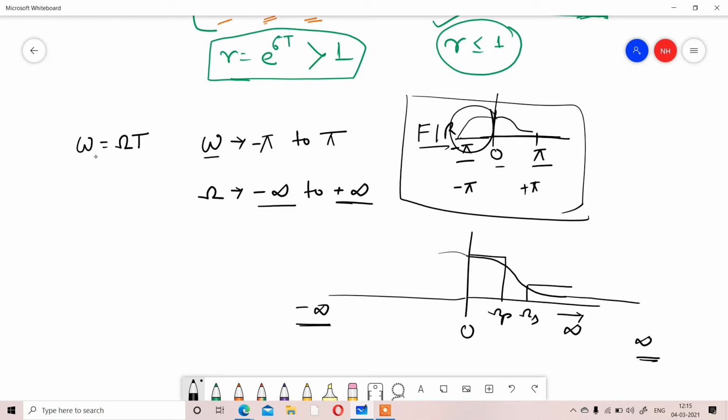Meaning what? Digital filter is equal to analog filter multiplied by the sampling time. Means a range from minus infinity to infinity, we are mapping within a minus pi to pi range.